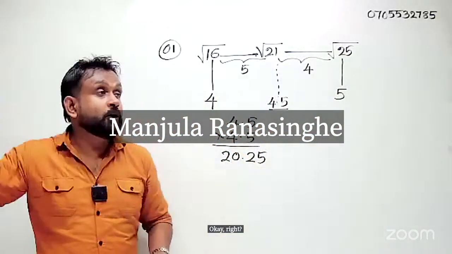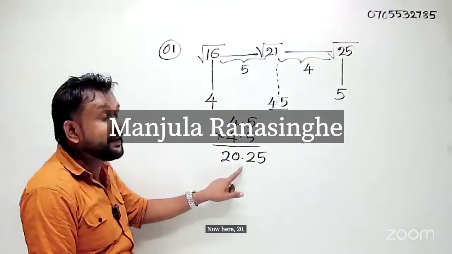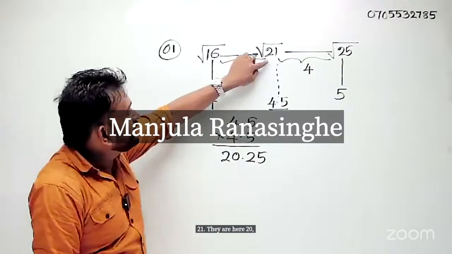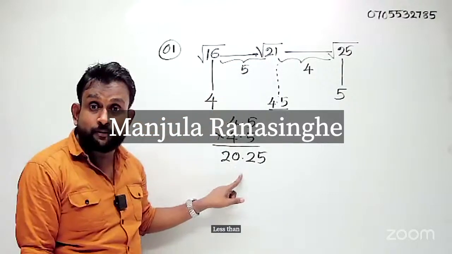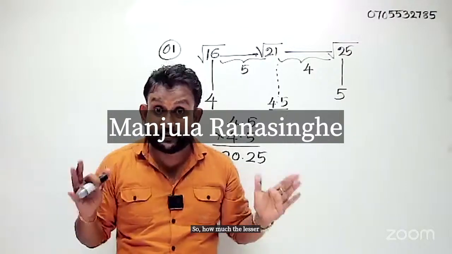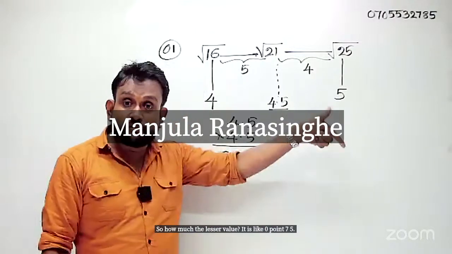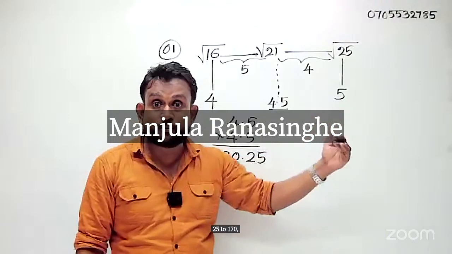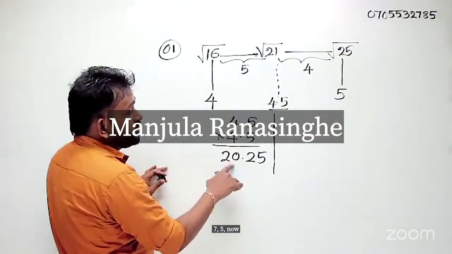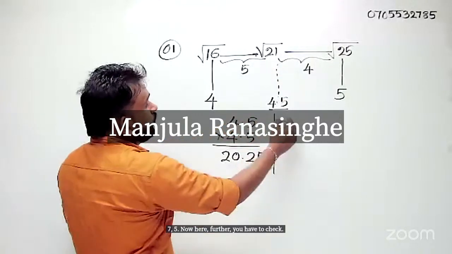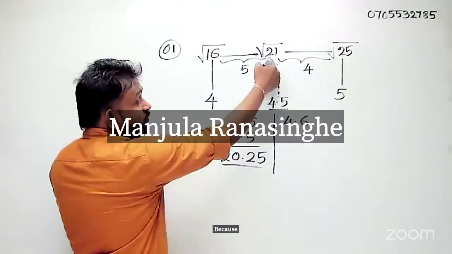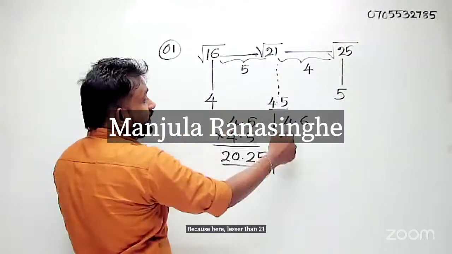Now here 20.25 is a bit less than 21. How much lesser? It is 0.75. Further, you have to check 4.6, because there may be a value nearer to 21.